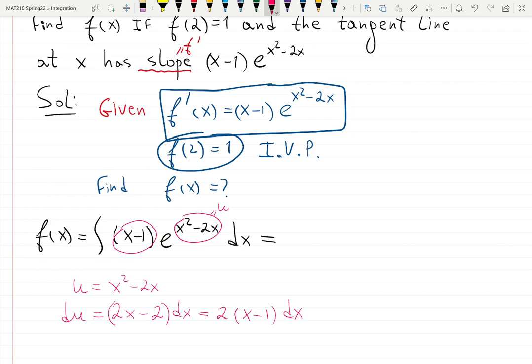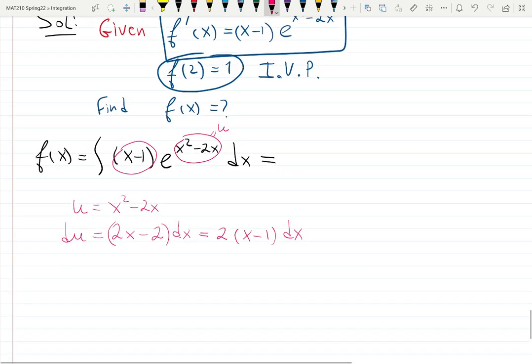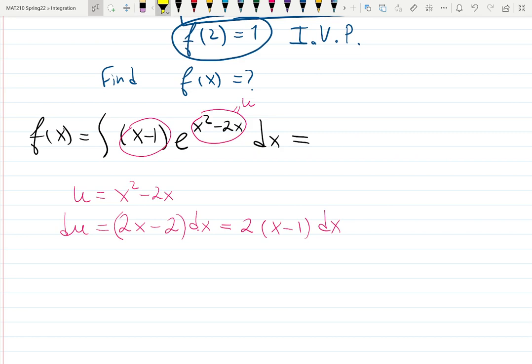Now there are several methods we teach to perform u substitution. Let me explain this method, which is faster. I need to find dx times x minus 1. Here it is, dx times x minus 1. So let me find that from equation number 2.